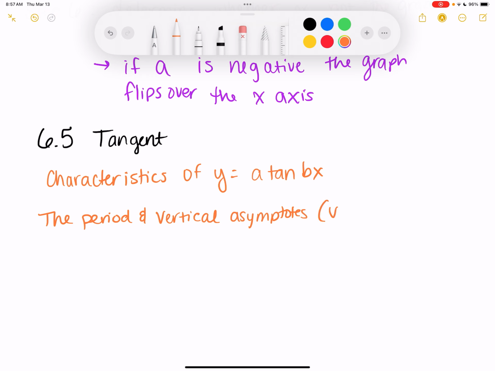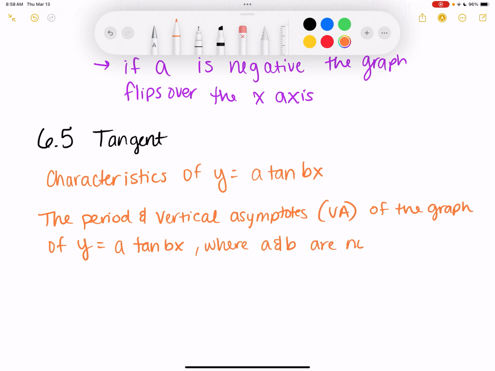Just as a reminder, we abbreviate that VA, not Virginia, of the graph of y equals a tangent of bx, where a and b are non-zero real numbers. The period is equal to pi over the absolute value of b.